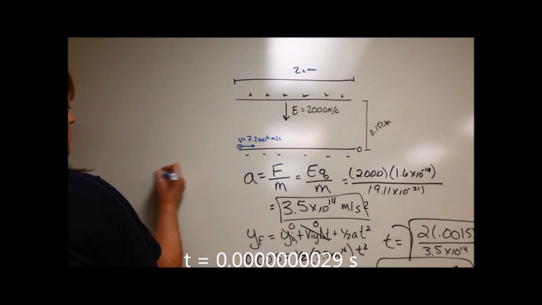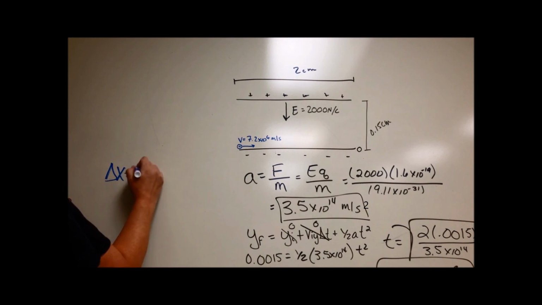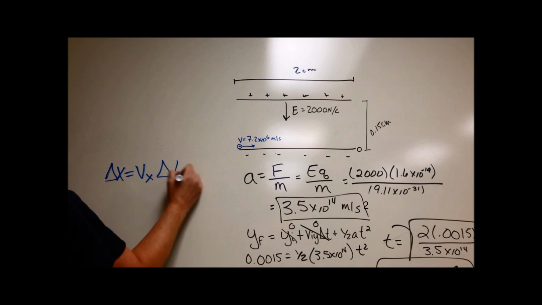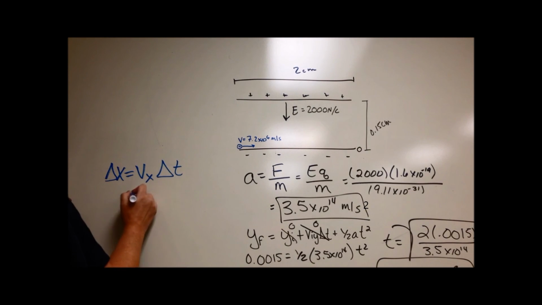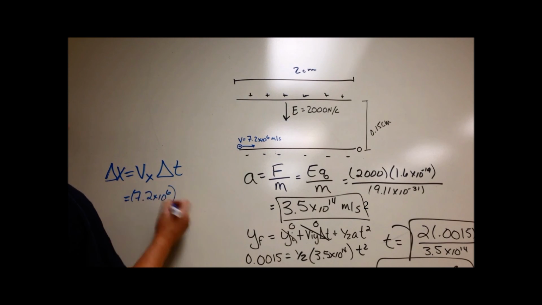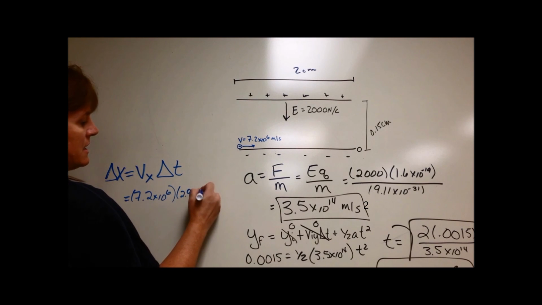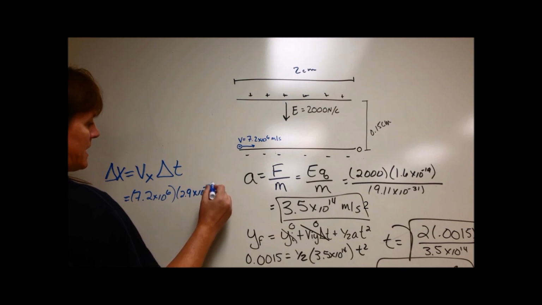Remember, in the x direction, the only equation I have is that delta x is the velocity in the x times time. Our velocity in the x of our speedy particle is 7.2 times 10 to the 6th times our time, which is very short, 2.9 times 10 to the negative 9 seconds.